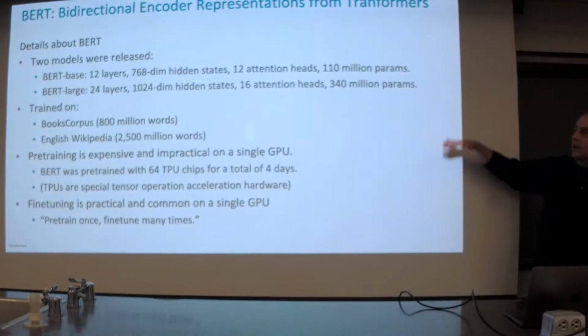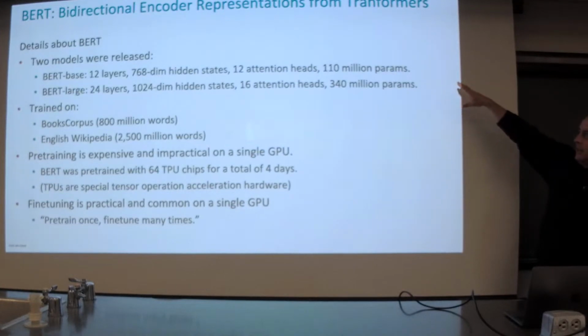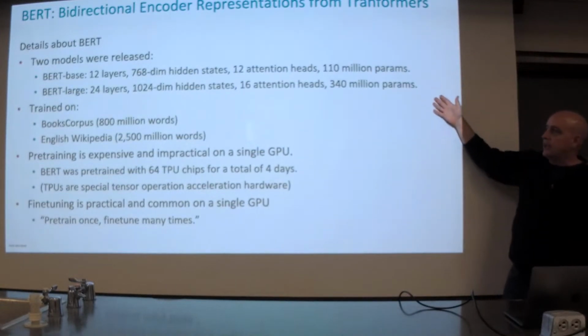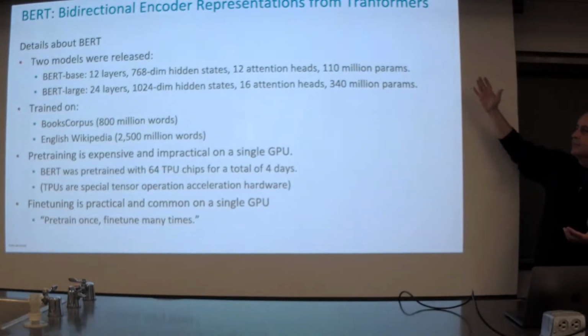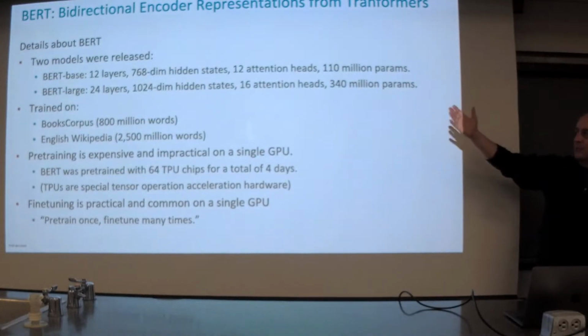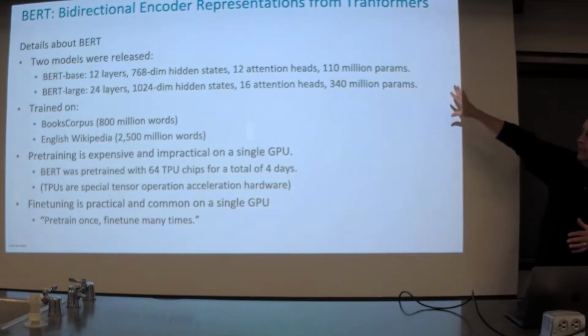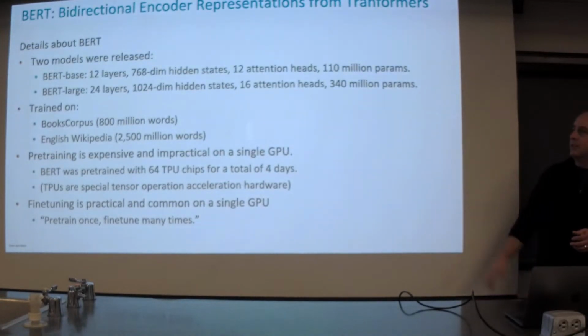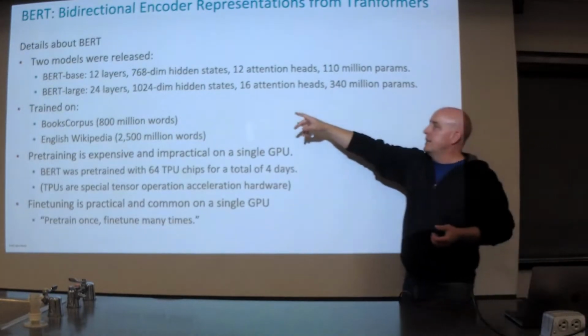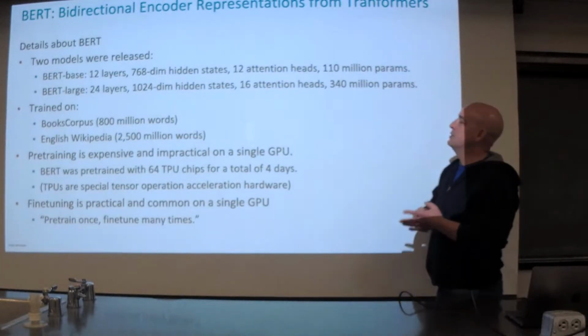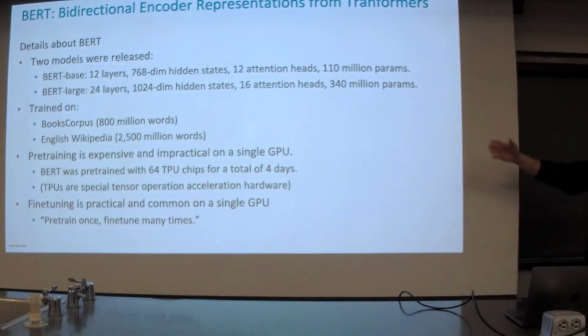These models are starting to get larger, so you will see this when you go to your model zoos. Hugging Face for PyTorch is the transformers library, and you'll find in there different kinds of BERTs, including BERT base and BERT large, and they'll basically have these dimensions. The architecture will look like this: 12 layers or 24 layers, the size of the hidden states, how many attention heads per layer, and the total number of parameters.